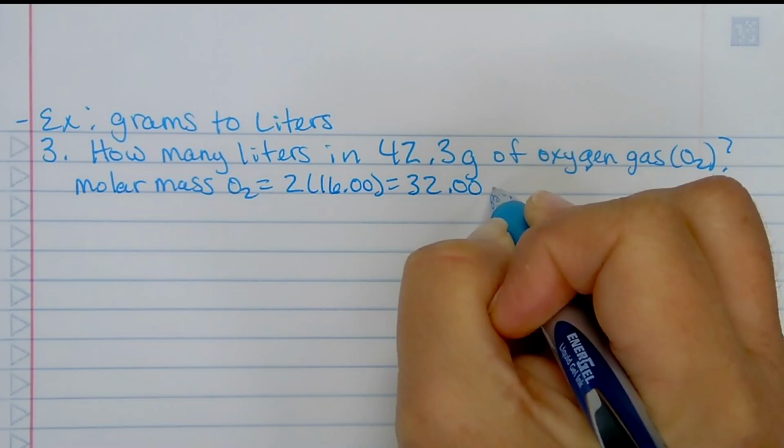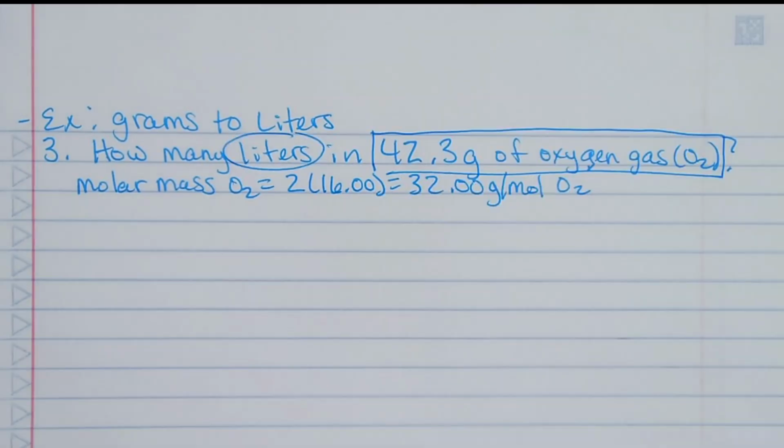So now I'm going to box my given, 42.3. I'm going to circle my want, liters. Now you're going to see it take 2 train tracks, so this is going to end up with 2 train tracks instead of just our 1.